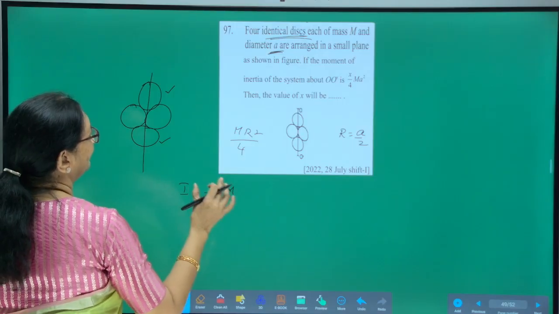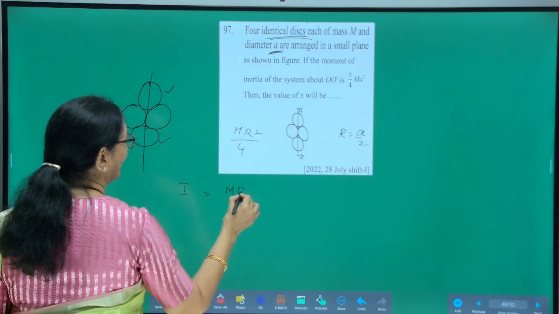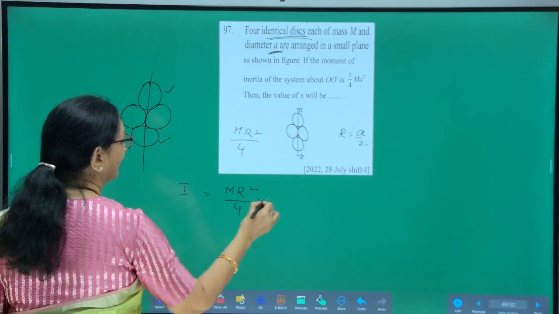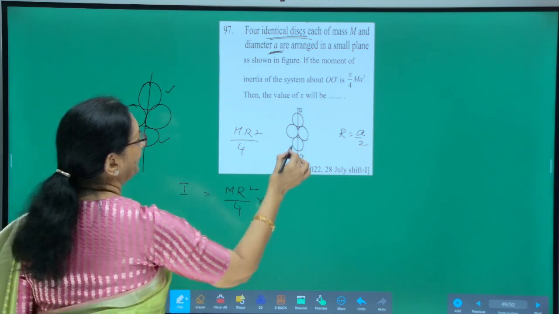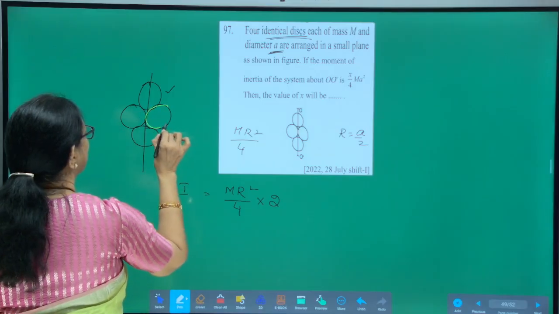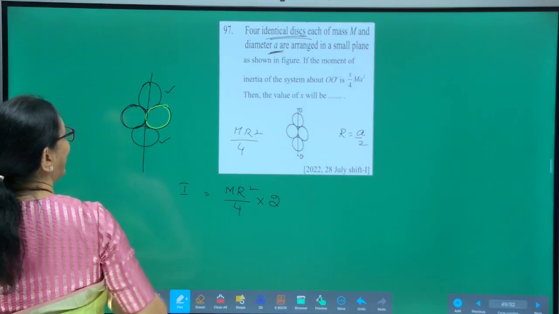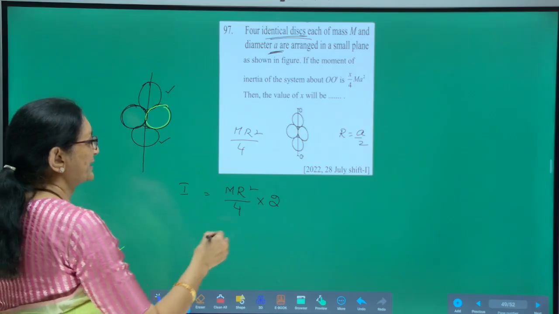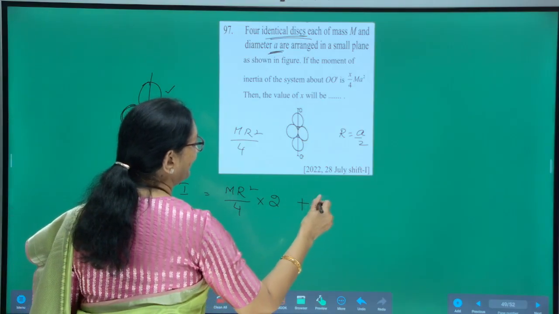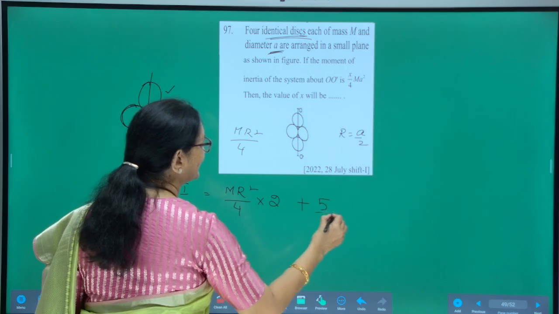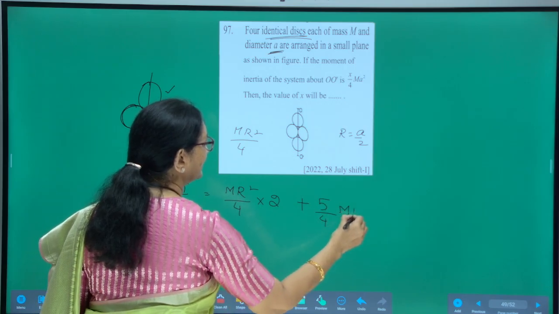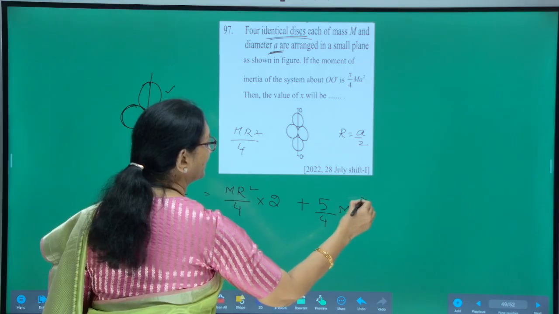So, moment of inertia of these two discs is mr square by 4 into 2 plus for these two discs, this becomes a tangential axis in its plane. For a disc about the tangential axis in its plane, moment of inertia is 5 by 4 mr square.